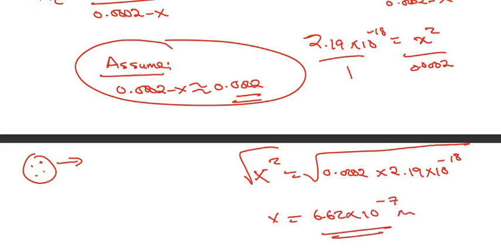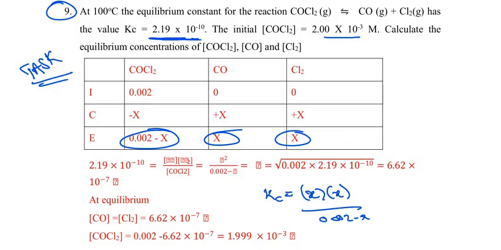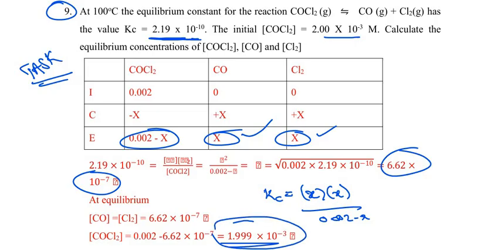Once you get the change, you can find the equilibrium concentrations of everything you need, because the equilibrium concentration of this one is x, the same 6.62 times 10 to the power negative 7 that we've gotten, and the same applies there. Then this one is minus that. You notice it's almost the same as the original number, which is 0.002.